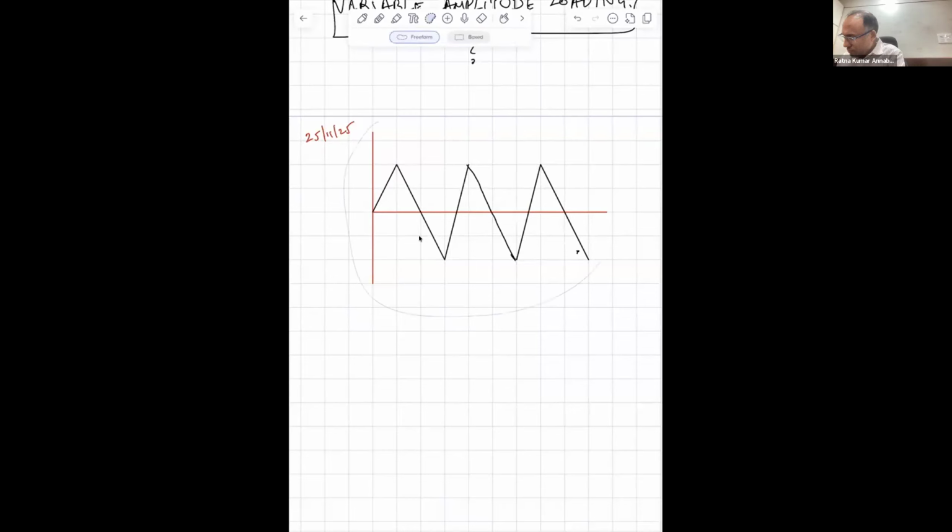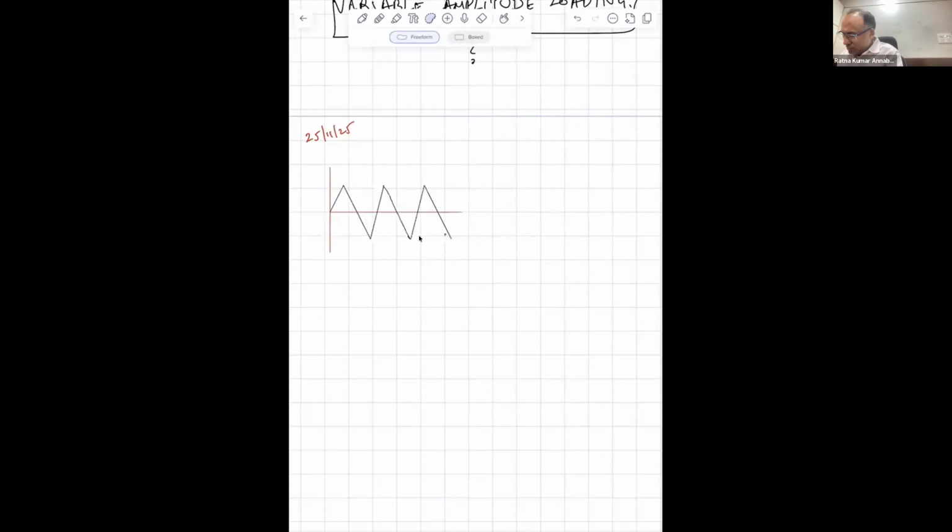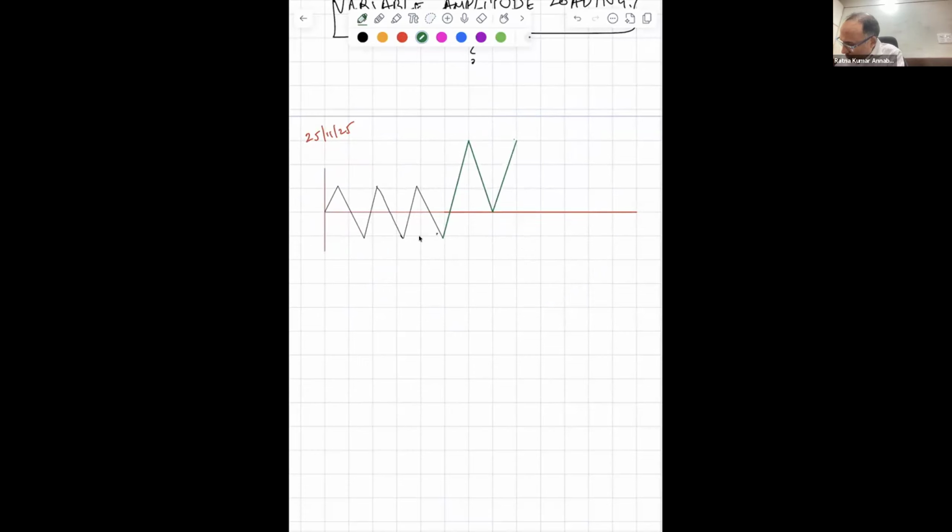The next cycle is like that. For this particular one, sigma m is equal to 0.